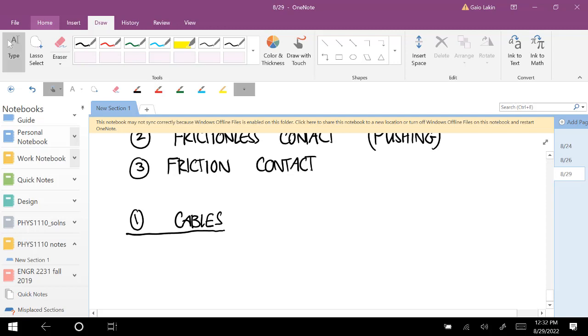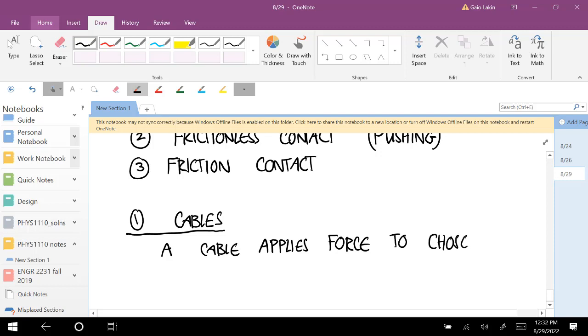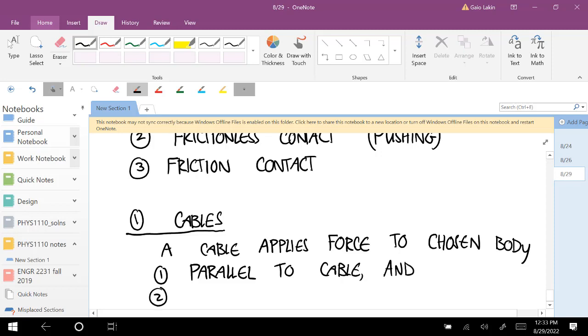A cable applies a force to the chosen body that is always, first, parallel to the cable, and second, away from the chosen body.